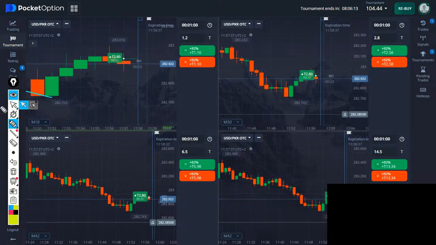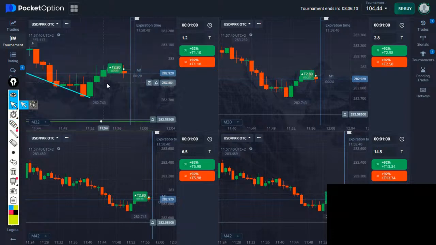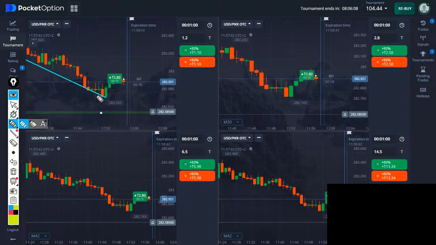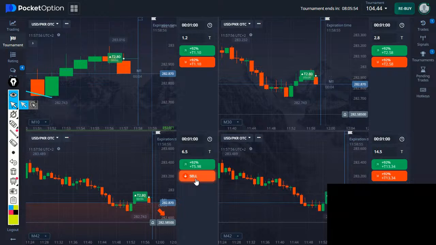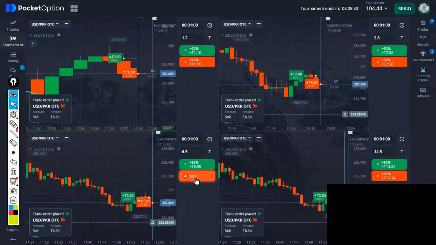Remember, the reversal might be short-term reversal, and keep on going down. So this is why we have sells over here for our third and fourth trade. It's gonna be a loss, so we go for a sell. Go for a sell here.